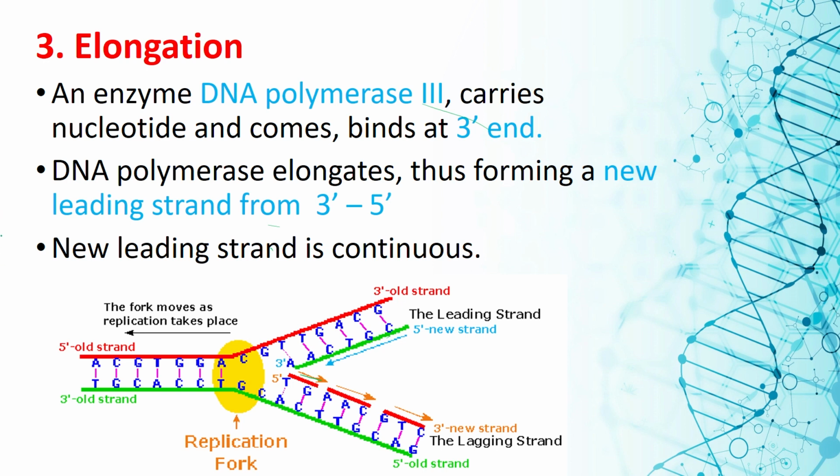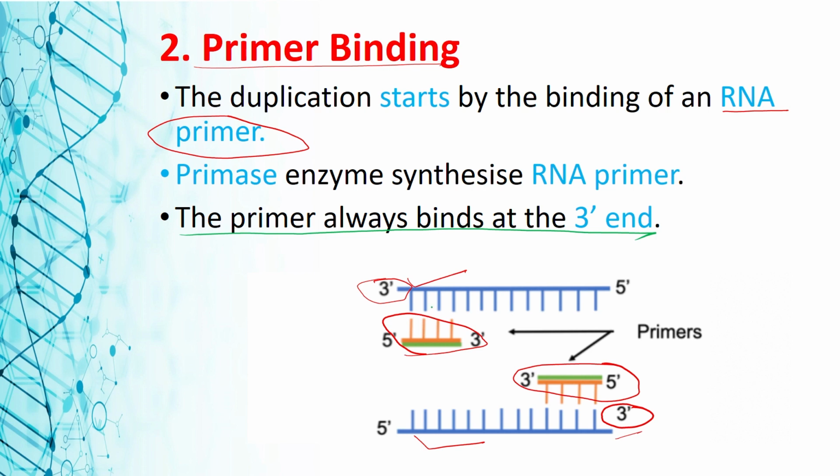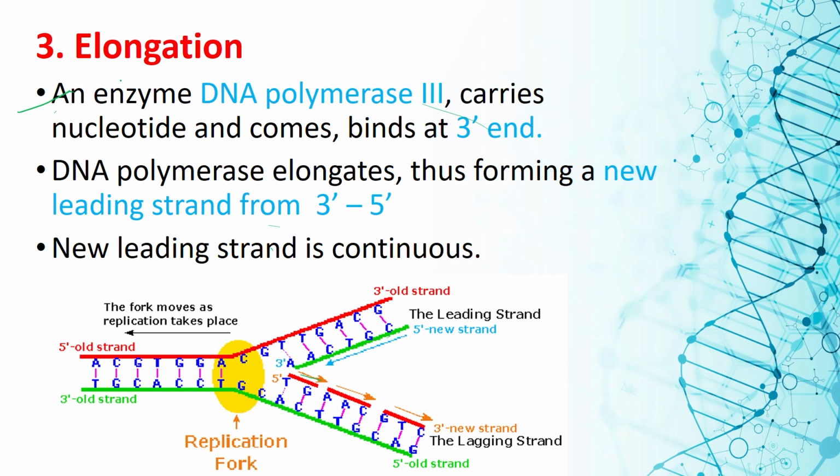So here, what is the first point you can see in elongation? An enzyme DNA polymerase 3 carries nucleotides and binds at the 3' end. So after the binding of the primer, the process of replication, or the elongation of the rest of the strand, is going to start, and during that elongation the DNA polymerase 3 enzyme helps.